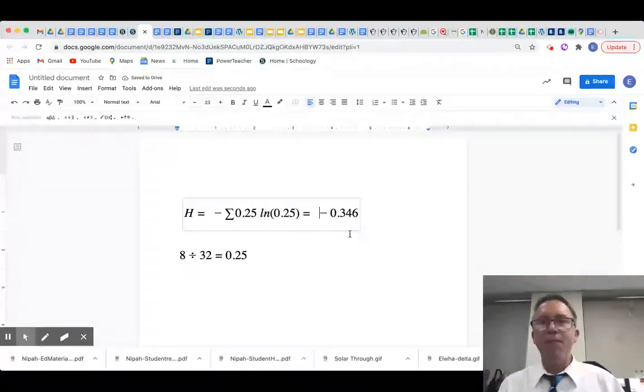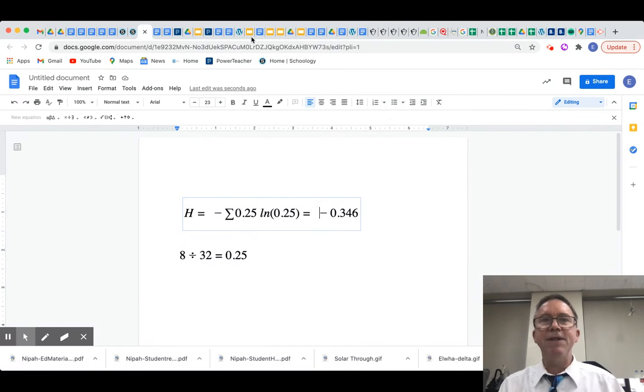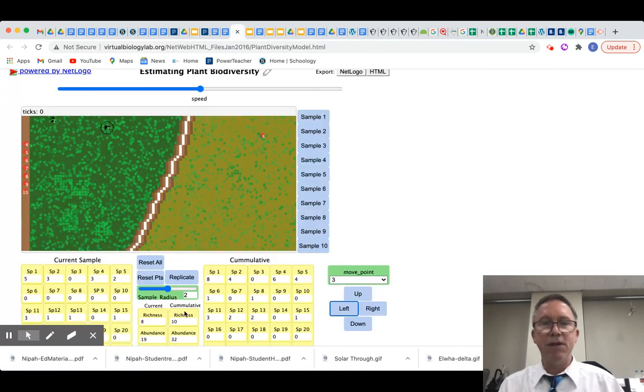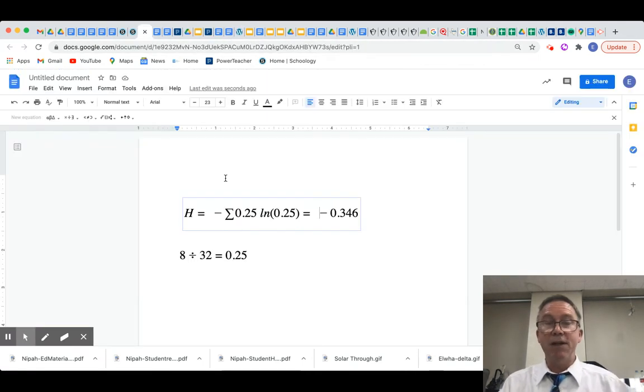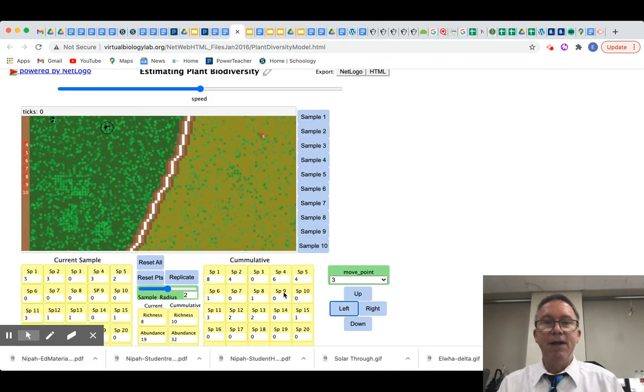Now I have 10 species, so my richness is 10. Anywhere there's any of them at all, I have to repeat this procedure and then sum it up, and that will give me my H value. As it stands, I would have to do this 10 different times. What makes it easy is that some values repeat, like here, 4 and 4.